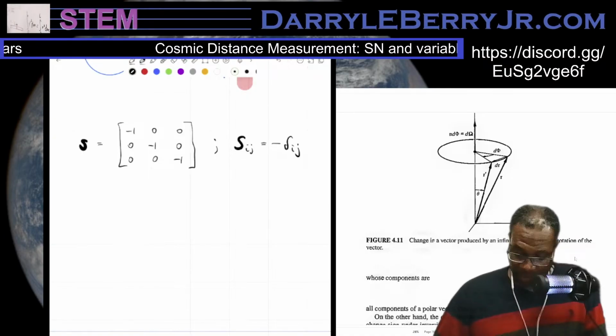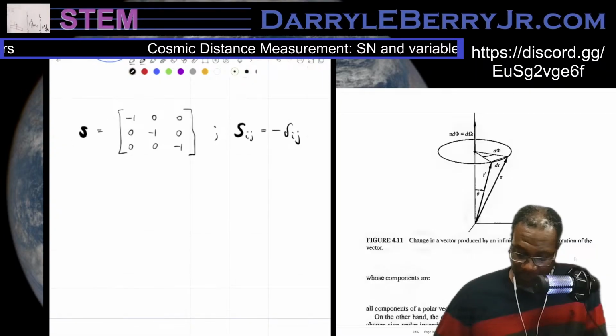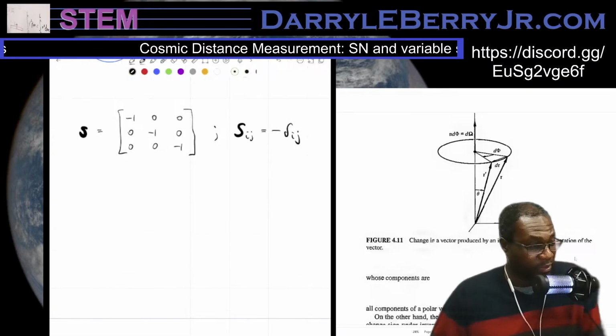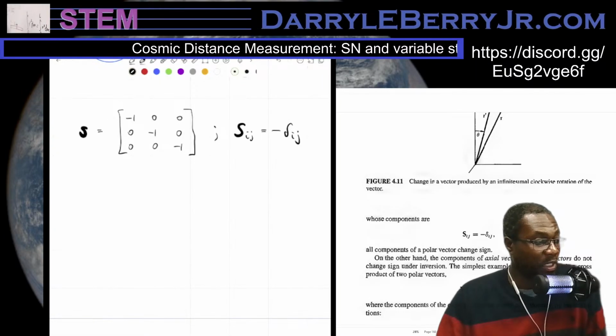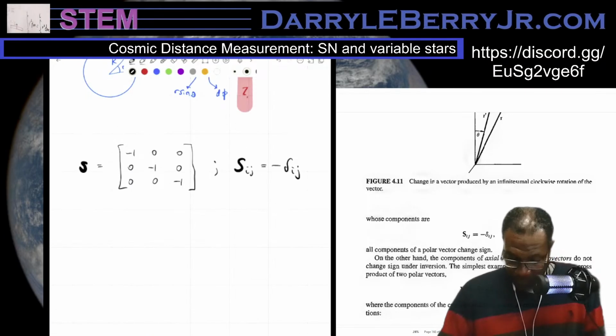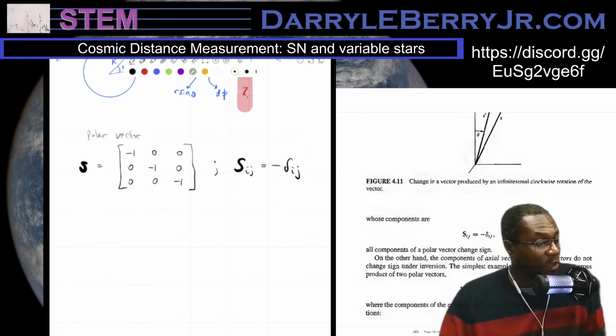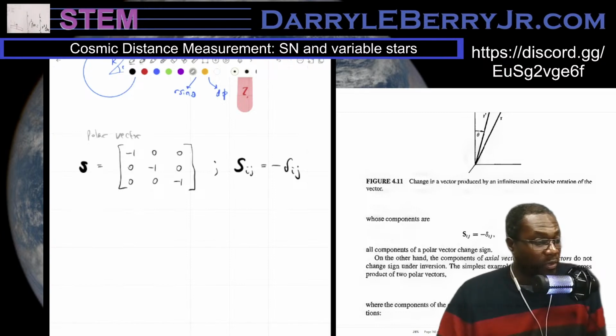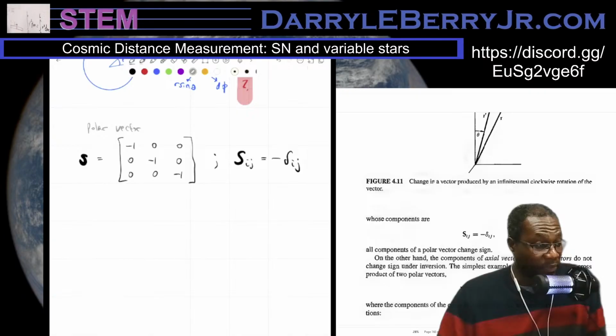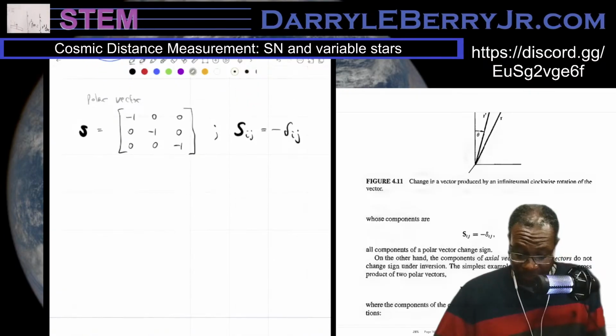Okay, so when i equals j it's 1, otherwise it's 0, there's a negative in the front. That makes sense. All components of a polar vector change sign. On the other hand, the components of axial vectors or pseudovectors do not change sign under inversion.